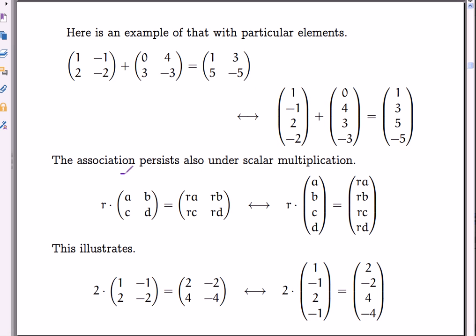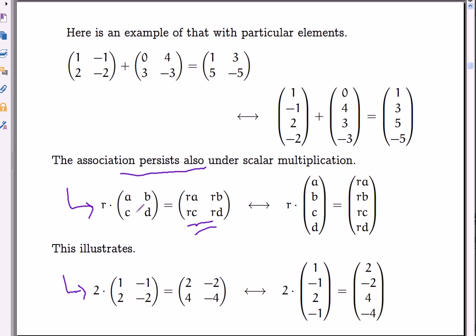We can do the same thing with scalar multiplication. Here's the general statement, and here's a particular example. Okay. Multiply this 2 by 2 matrix by r. I get the following 2 by 2 matrix.